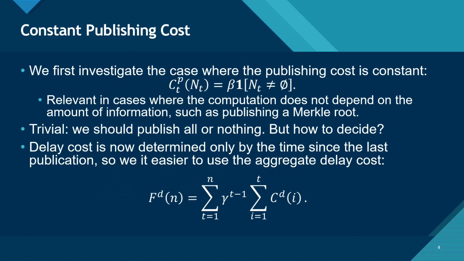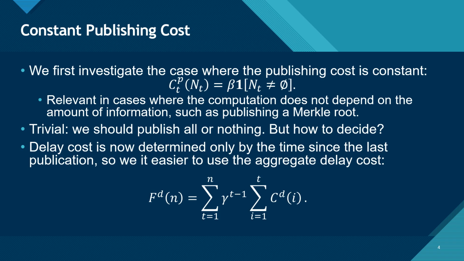Investigating the first case, where the publishing cost is constant, which means that no matter the amount of information we want to publish on the layer one blockchain, we always pay the same price in gas units. This is relevant in cases where you only need to publish a hash of the information you have, for example, publishing a Merkle root of the layer two transactions.